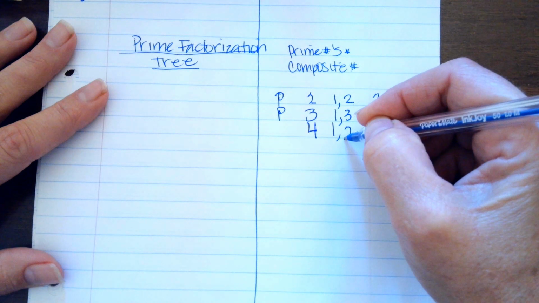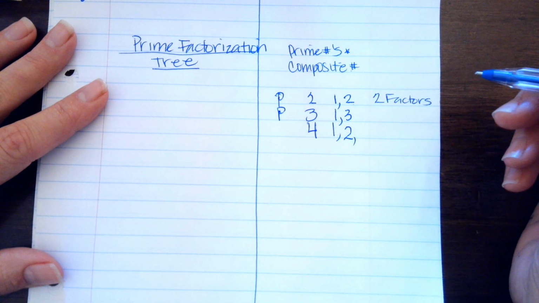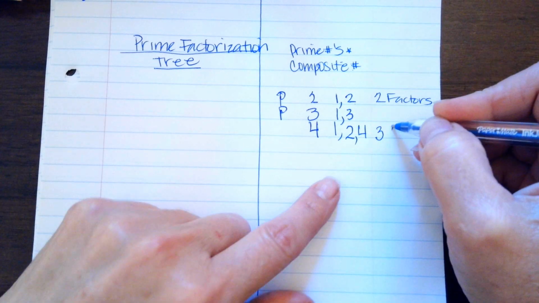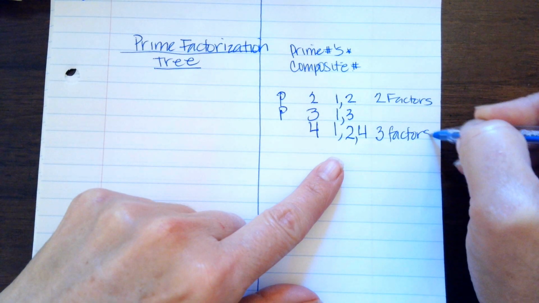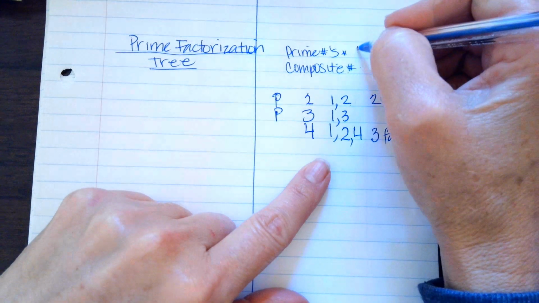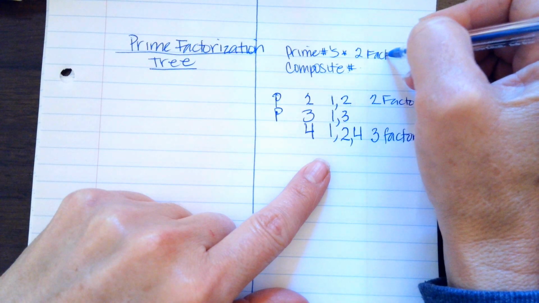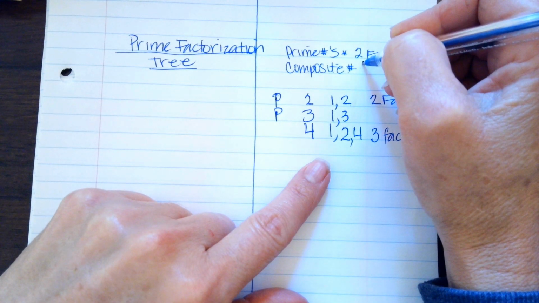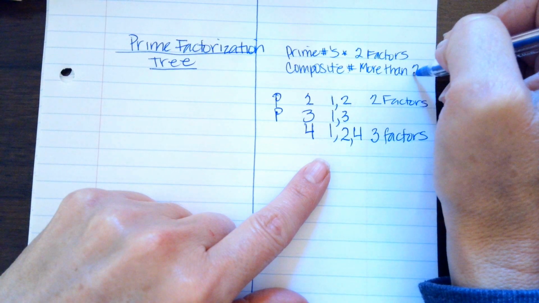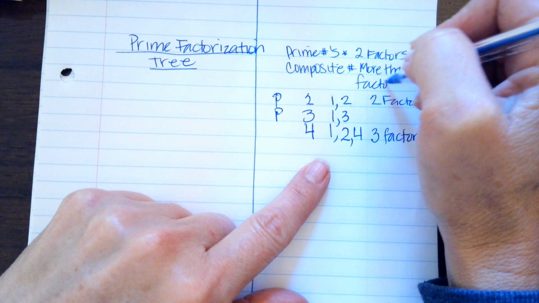Yes. What about 3? No. What about 4? Yes. So this one has 3 factors, so it's not a prime number. It's called a composite number. So this one only has 2 factors. This one has more than 2 factors.